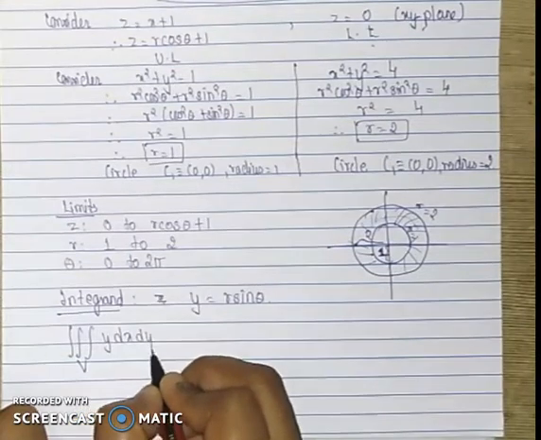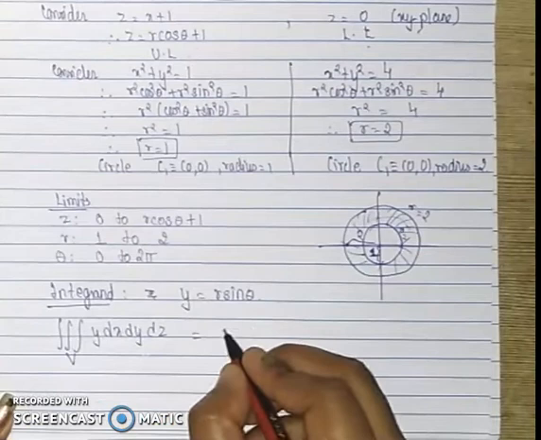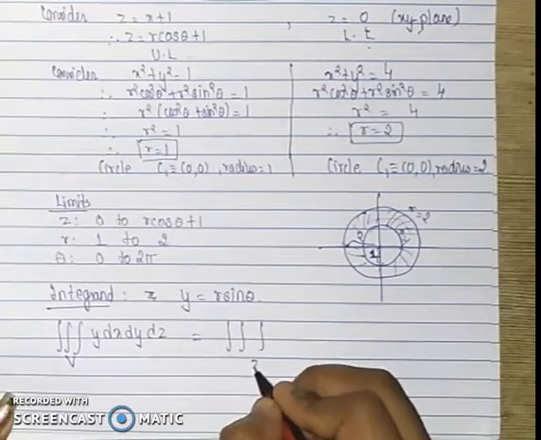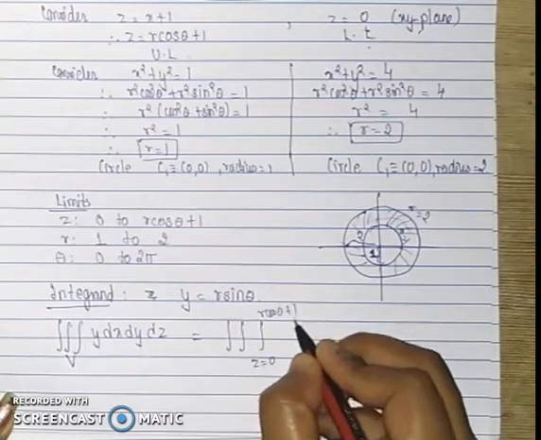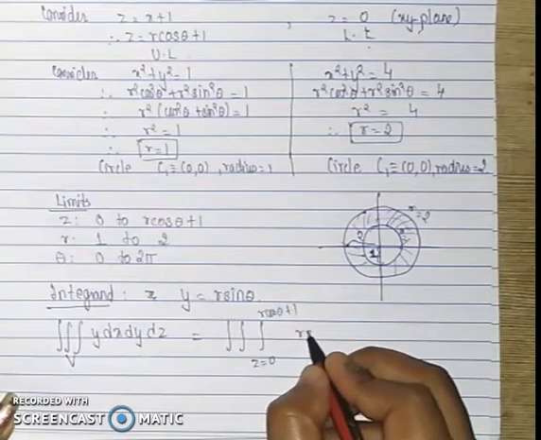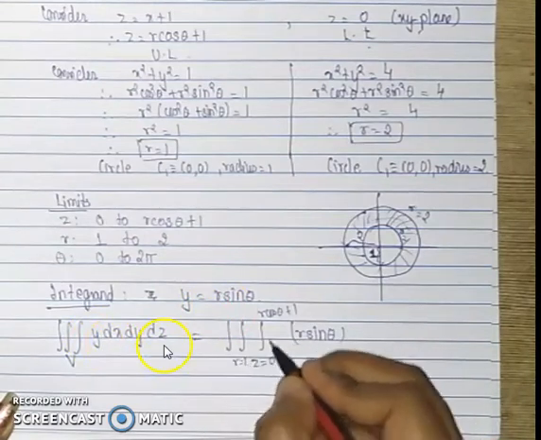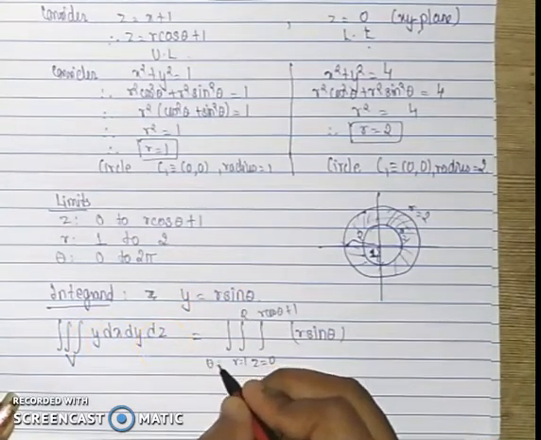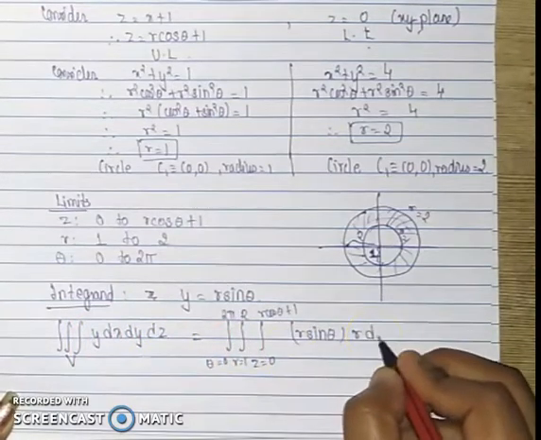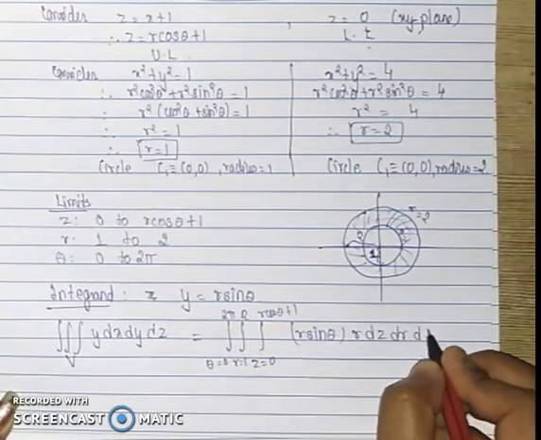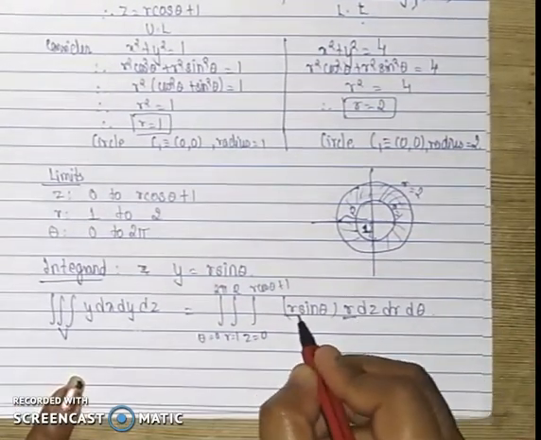So the given integral is this triple integral. Now we'll rewrite in terms of cylindrical polar coordinates. First z, 0 to r cos theta plus 1. Then r sin theta, the integrand y, and r dz dr d theta. r and r gives me r squared.